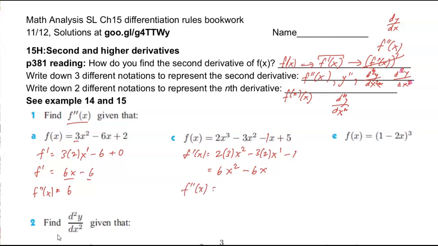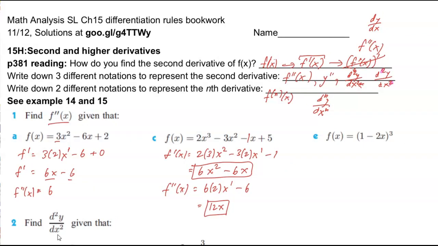Second derivative: write down the 6, just leave it there, bring down the 2, reduce it by 1. Derivative of negative 6x, of course, is just negative 6. Let's simplify. Okay, so the second derivative is that. The first derivative is that. Oops, made a mistake. Derivative of negative 6 is just 0. Right, okay.